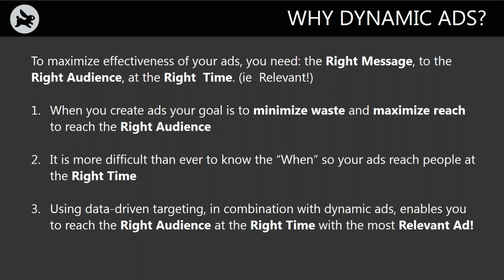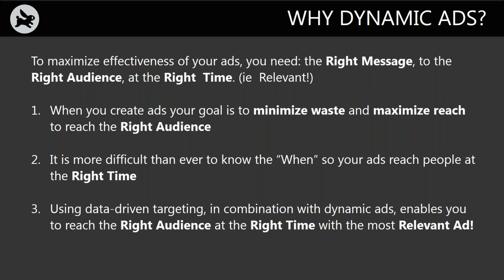The way to minimize waste is to exclude people who are not the right audience for this specific ad. I want to maximize reach by making sure that the right audience, people in the market or people doing specific habits, like looking at your inventory, and not just looking at your inventory in general, but looking at very specific vehicles by model, by price, can be hit with the right ad.